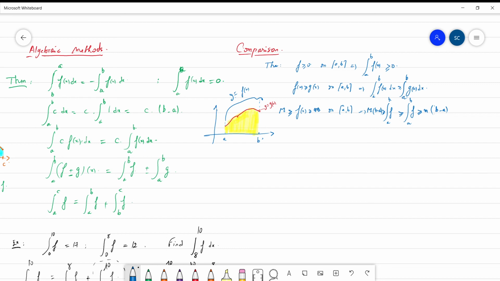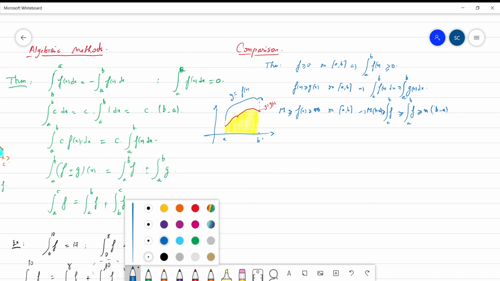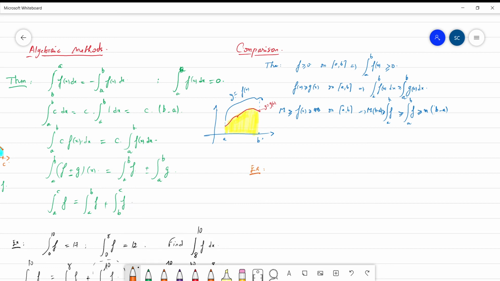Again here, let's do a small example. Let's estimate the definite integral from 1 to 4 of the square root of x dx.